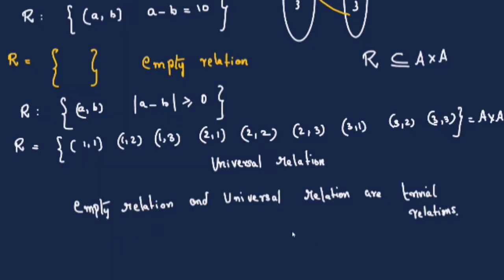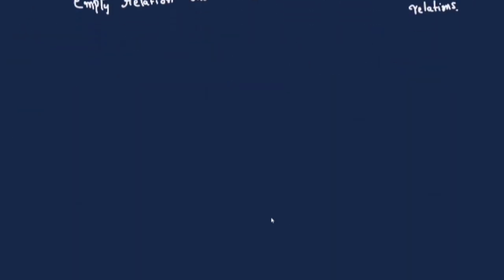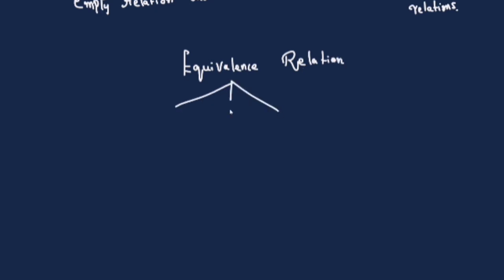Now, apart from this empty and universal relation, we are going to learn equivalence relation. So for an equivalence relation, a relation should be reflexive. I'll tell you what it is. A relation should be a reflexive relation. It should be a symmetric relation, and it should be transitive.